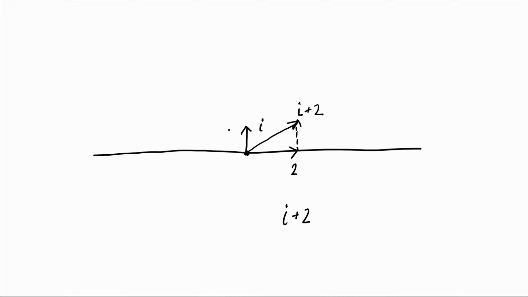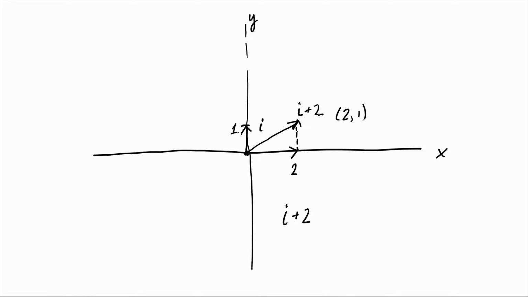Now, coordinate-wise, you can think, if this is an x-axis, and let's just imagine that we have a y-axis here, then really coordinate-wise, you think of i as being 1 unit up, say, if we were to say i was 1 unit long. Then this point right here at the tip of this new arrow that we have for i plus 2 is really just at the point 2 comma 1.